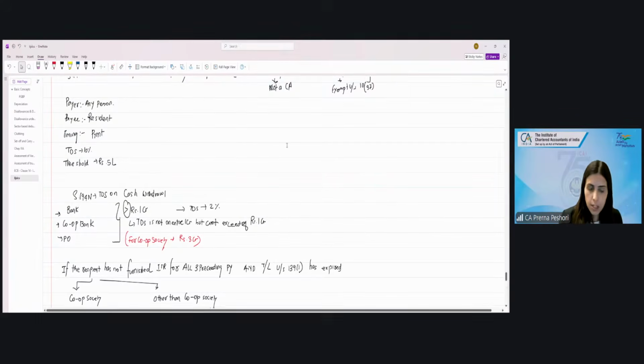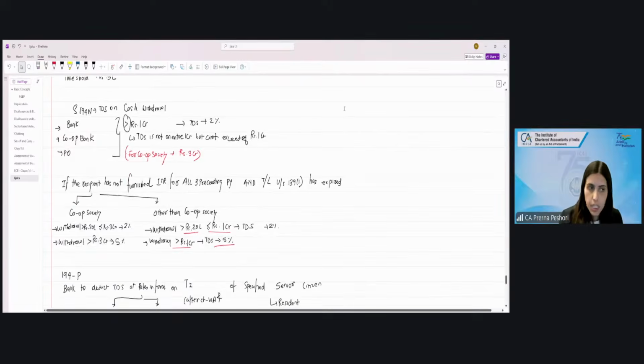for the cooperative society. Further, if the recipient has not furnished the ITR for all the 3 preceding previous years, and the time limit under 139(1) has expired, then if it is a cooperative society, if the withdrawal is more than 20 lakh and less than 3 crore, TDS will be 2%.